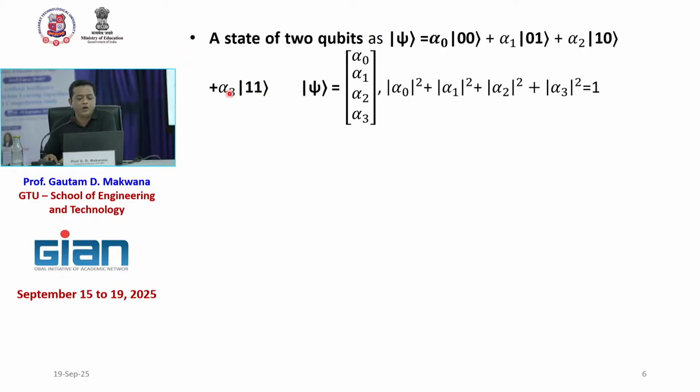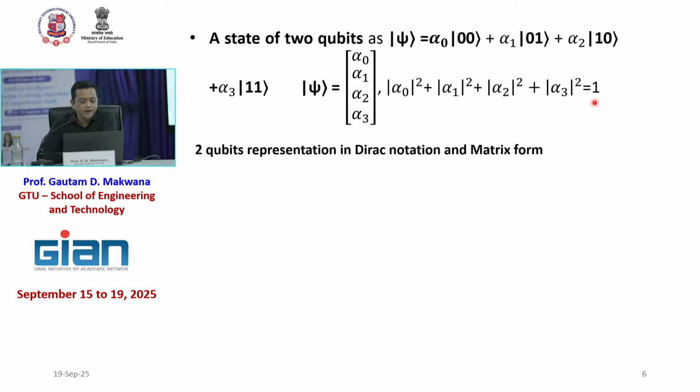So this is how we can represent the two-qubit state, and in matrix notation the two qubits are represented as a column vector: ket psi with alpha 0, alpha 1, alpha 2, and alpha 3, and all are complex coefficients with the probability distribution. And the sum of the squares of these quantities would be 1. So that is the representation of two qubits in quantum computing.